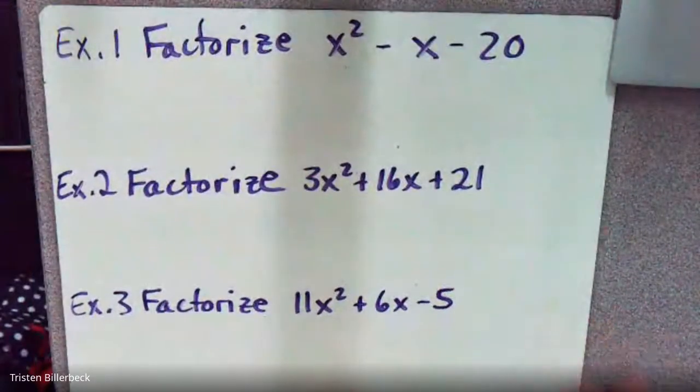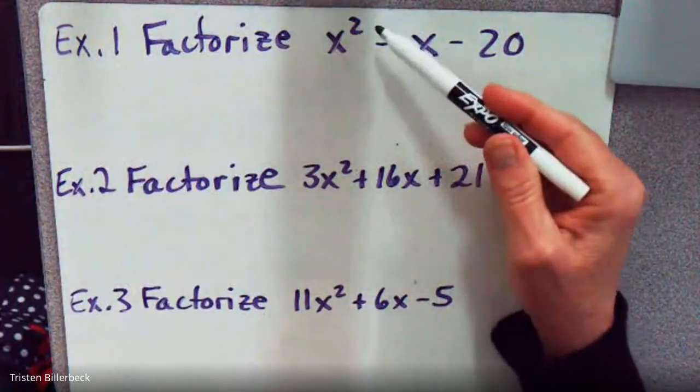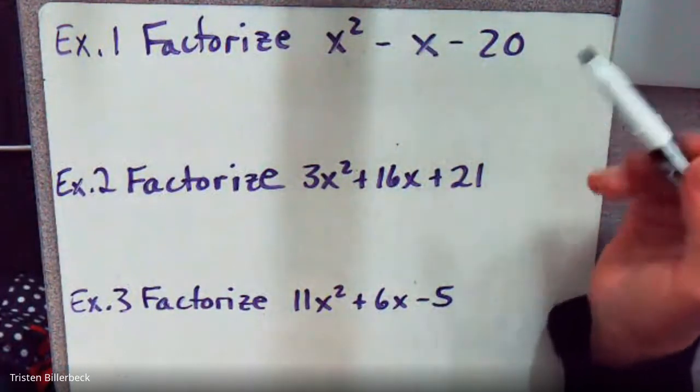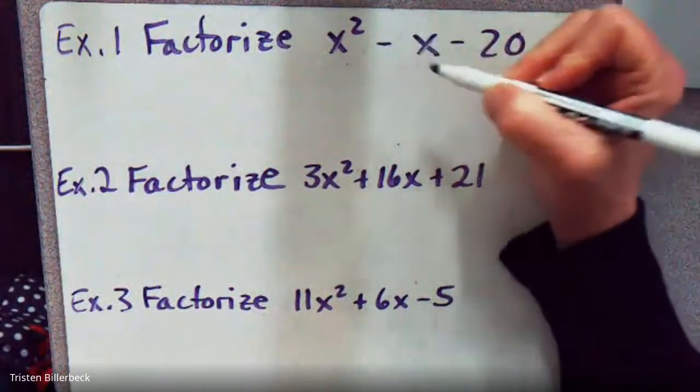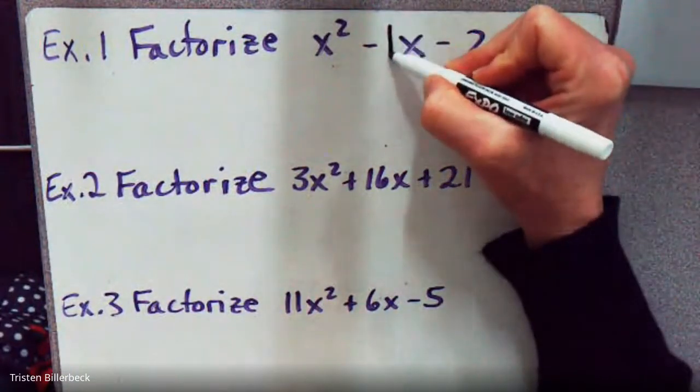All right, first example, we have factorize x squared minus x minus 20. Well, first we have to put in what mathematicians always leave out, the 1 coefficient.